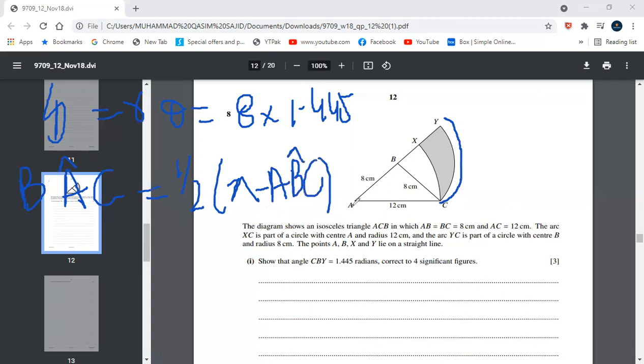Yes sir. BAC is basically this one. This angle is half of pi minus this angle, according to trigonometric rules. So this value equals 8.8, and this value equals 11.56.